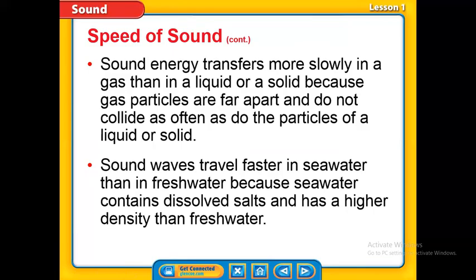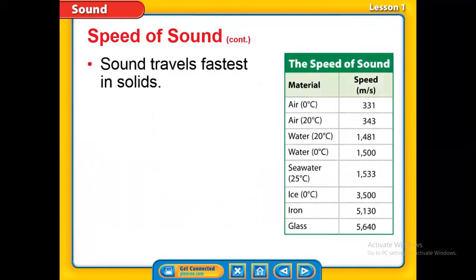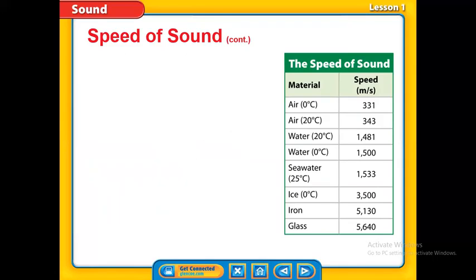And we just learned that density means how closely the particles in the medium are packed. When the density goes higher, the speed of the sound will also be higher. Since salt water contains more salt than fresh water, it will be denser. That means faster sound.